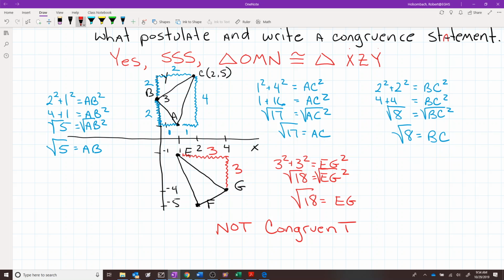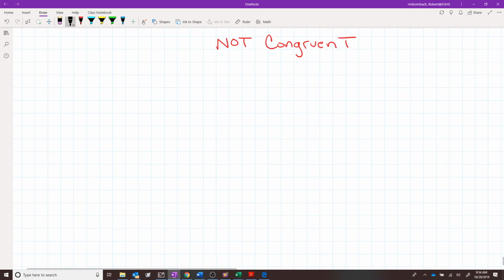Alright, flip it over a page to the bottom of 266. And we're going to cover side angle side postulate.